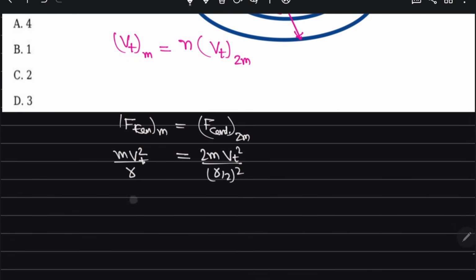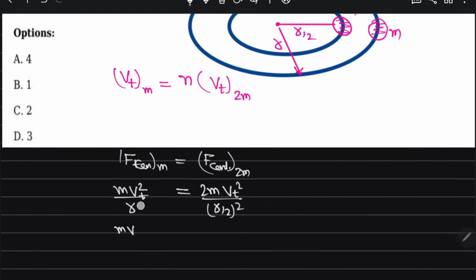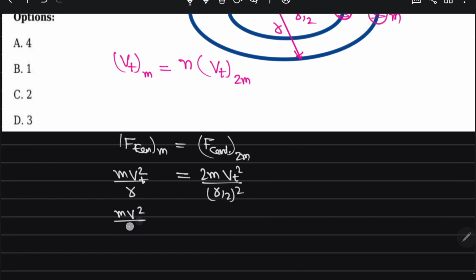So here you see that m v square by r is equal to 4m v_t square by r square. Here you can also write m n square v_t square by r square, that is equal to 4m v_t square.